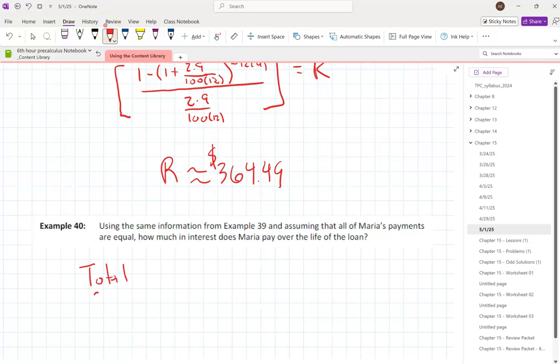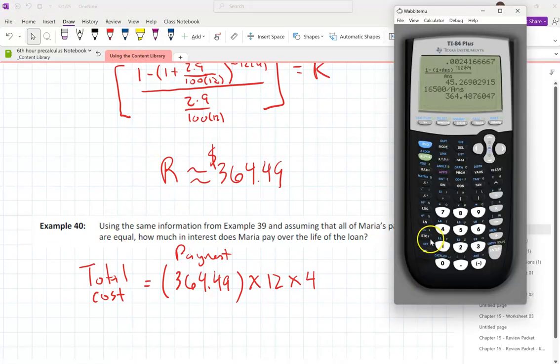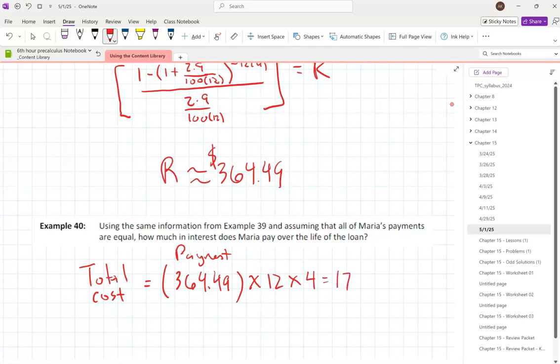Her total cost: well, she paid $364.49 every month for 4 years, right? Let's do that real quick. So that's 17,495.41.